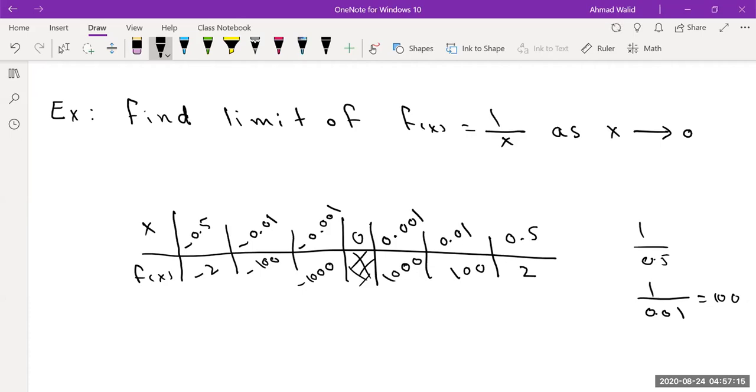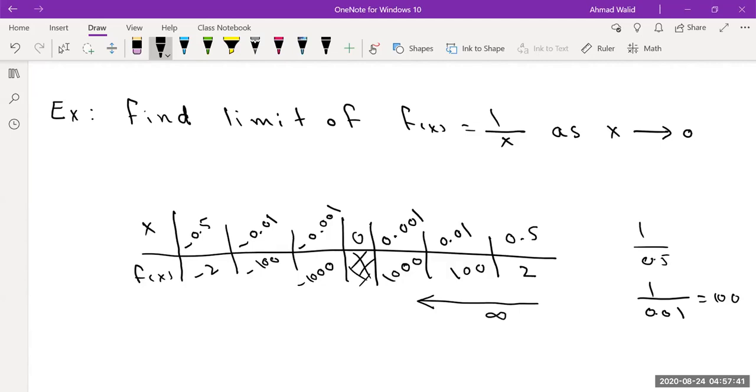What do you see? What do you recognize? As x is approaching from the right, the value of f of x is increasing, increasing, increasing. And if I go closer, for example, 0.000001, it goes to 1,000,000. And if I go closer, closer, finally, I'll go to where?